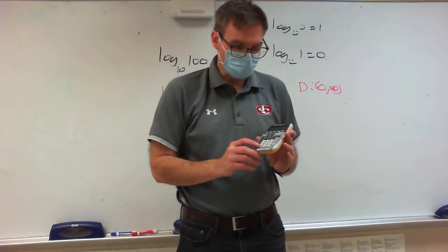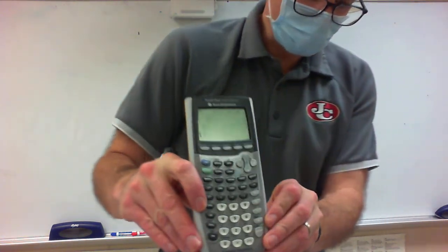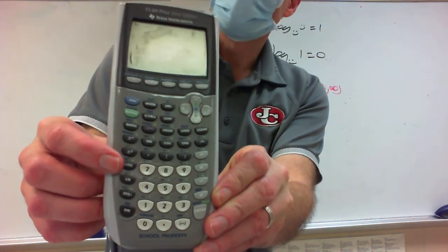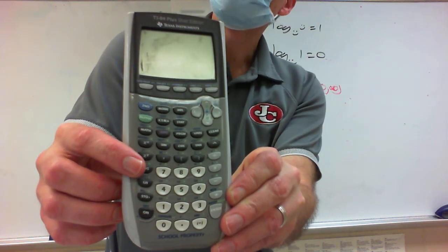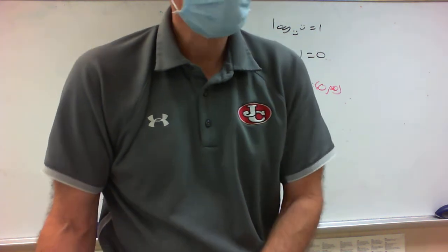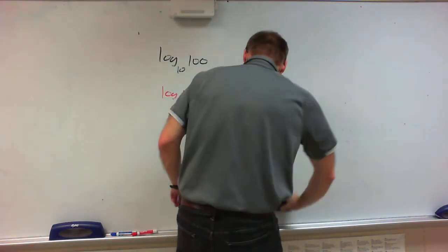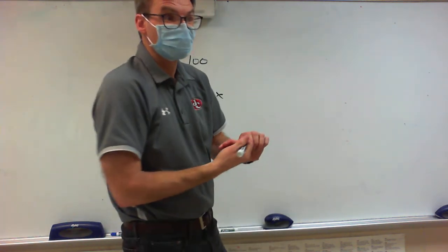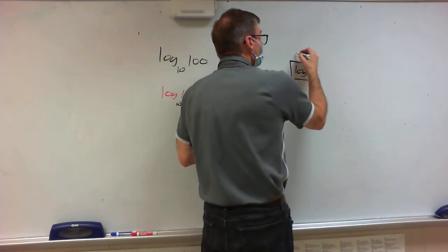Now, I'm not so interested in the log button. What's right above the log button? The secondary function if you hit shift: 10 to the x, right? This is not just the TI-84, this is pretty much any scientific calculator. If you see a log button, right above it is 10 to the x.